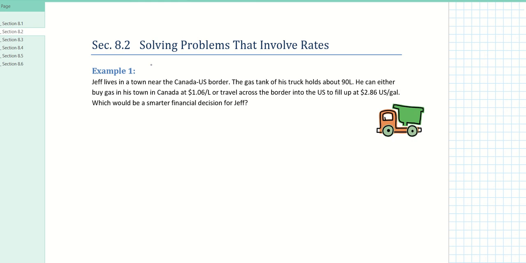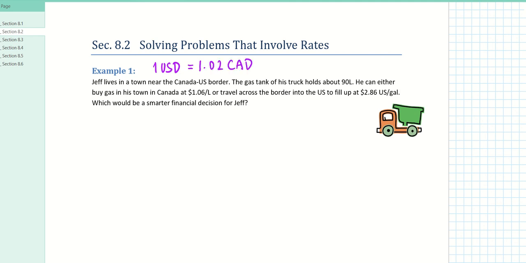So the exchange rate we're going to use here is 1 USD equal to 1.02 Canadian.